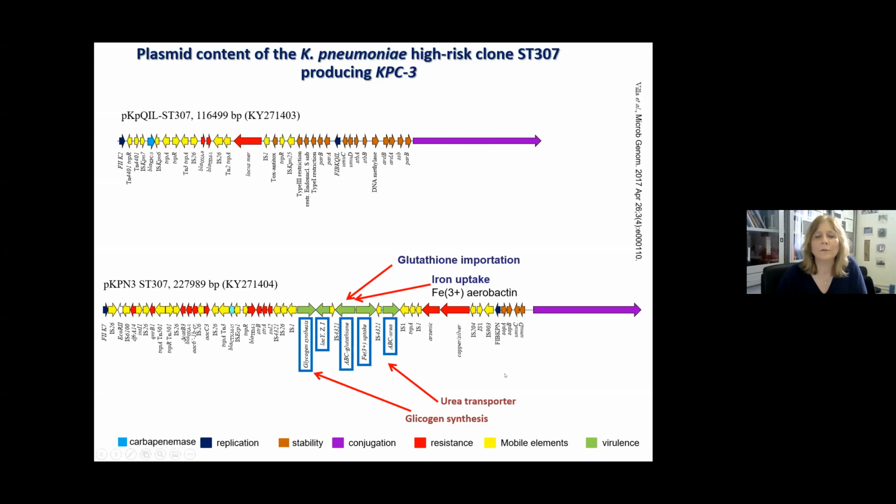I remind you that ureases are in the chromosome, and these are just transporters specific for urea, and therefore this strain had a sort of commitment to urinary tract infections compared to the other, and also a rare cluster for the synthesis of glycogen, which was located on this plasmid.